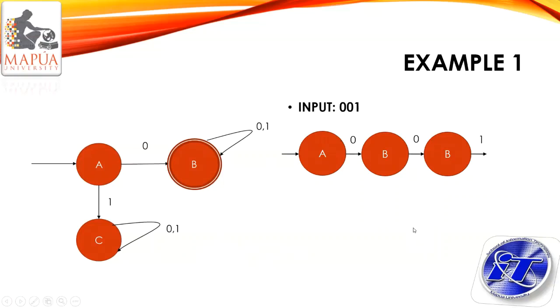So the final state is B. Therefore, since we stop on the final state, 0, 0, 1 is accepted.